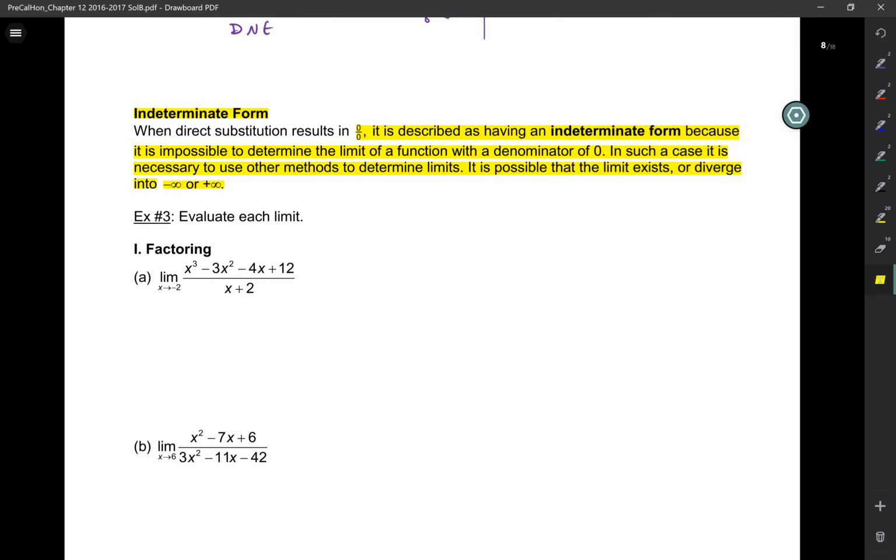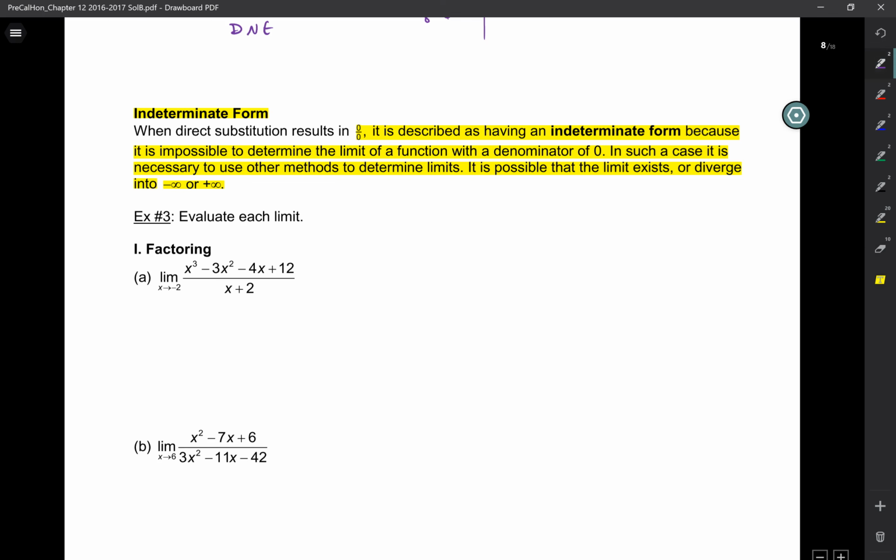When you get indeterminate form, there are a couple of ways that we can get around it. One is by factoring. When we plug in -2 here, you get 0 over 0, which means it's indeterminate form.